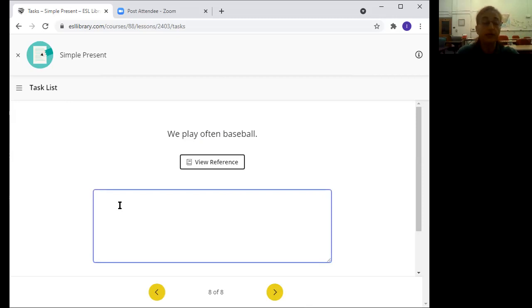So the correct answer is, we often play baseball. To use the frequency adverb after the main verb is incorrect, right? So you have to use it in the position before the verb. We often play baseball.